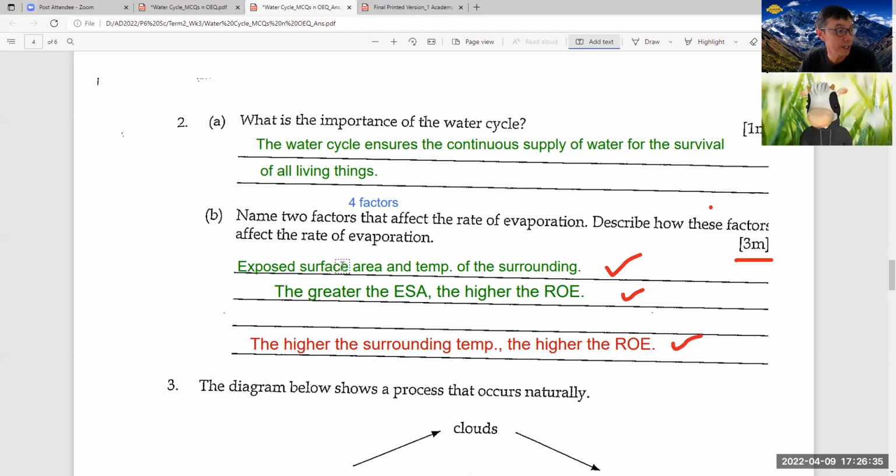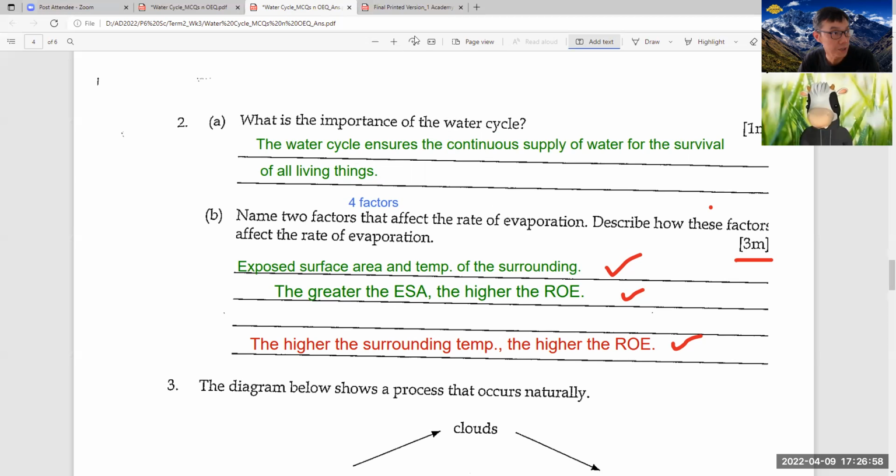So you have identified these 2 factors. Exposed surface area and the temperature of the surrounding. Then you have to describe. So the greater the exposed surface area, I have written in short form, please spell out this, the higher the rate of evaporation. And then secondly, the higher the surrounding temperature, the higher the rate of evaporation.